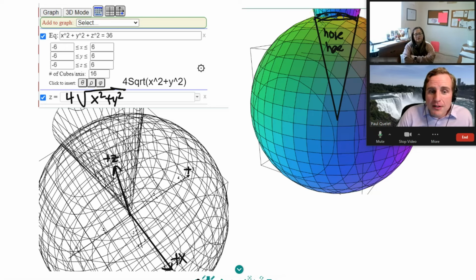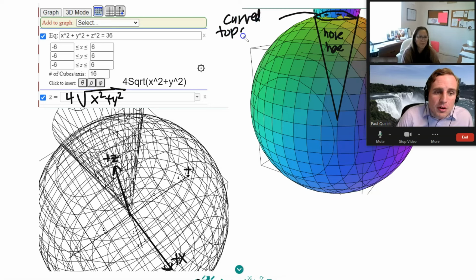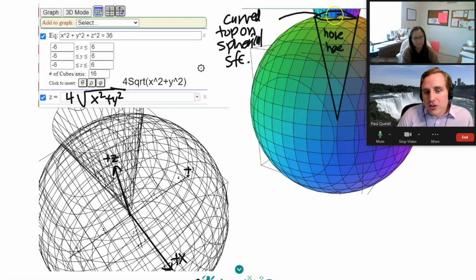So you really have to do this using the 3D calculus stuff, especially because of this curved top on the spherical surface. You can't just do simple geometry formulas.